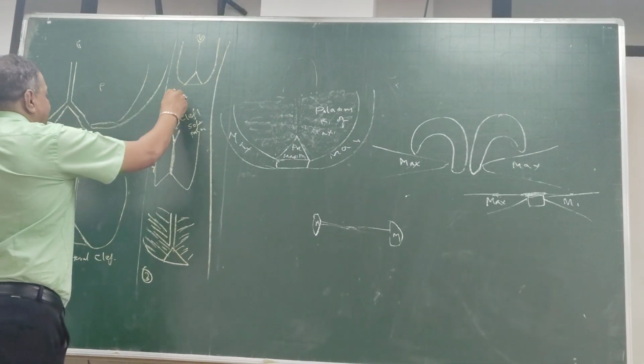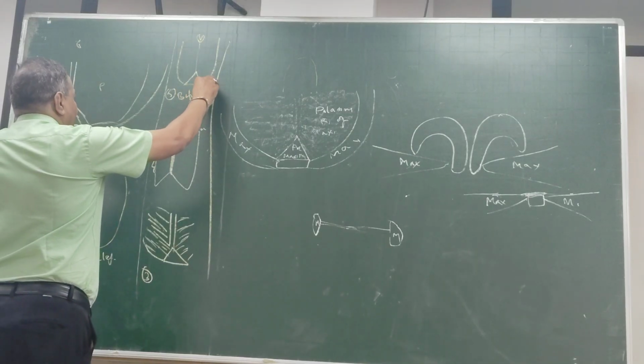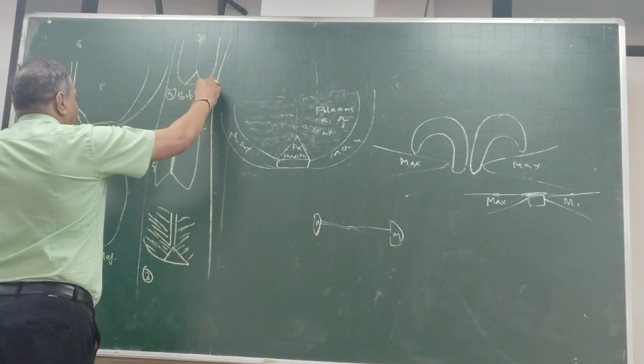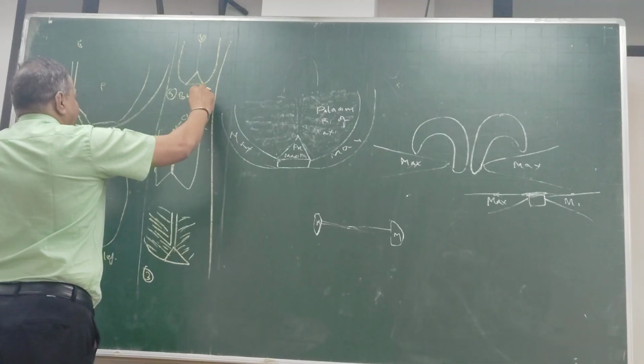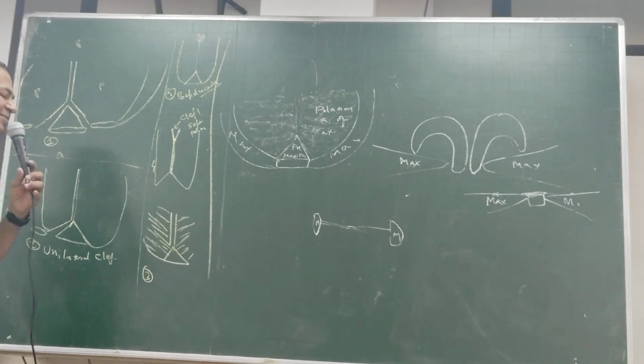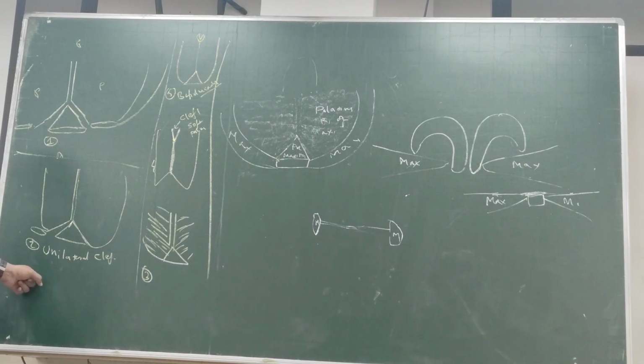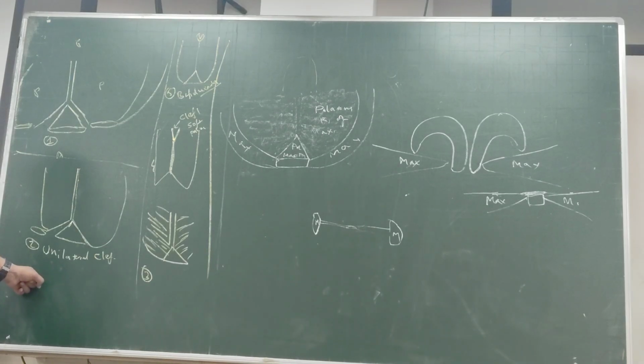That is called bifid uvula. So 5 possibilities, 5 types of cleft palate.